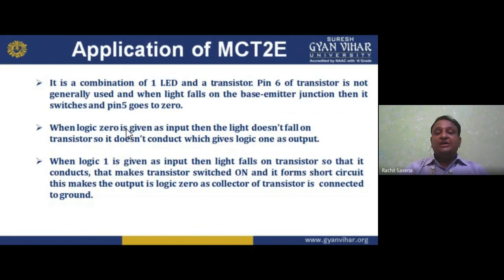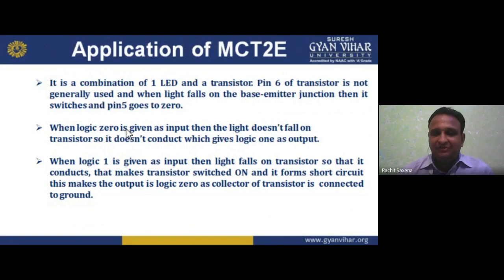Applications of the MCT. It is a combination of one LED and a transistor. Pin 6 of the transistor is not generally used. When light falls on the base-emitter junction, that is the 6th and 4th pins, then it switches and pin 5 goes to 0.